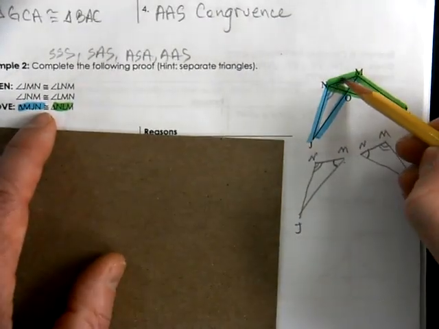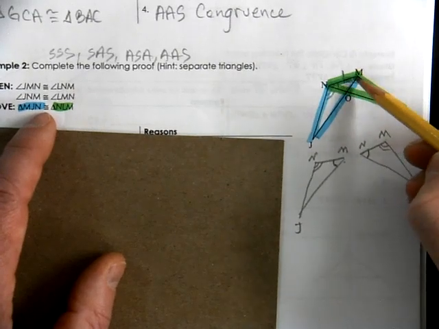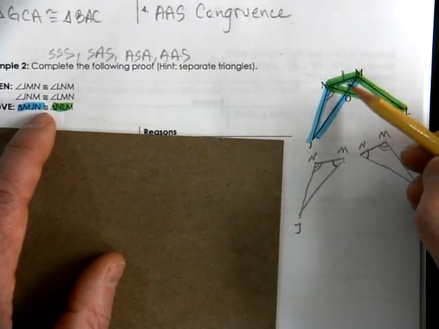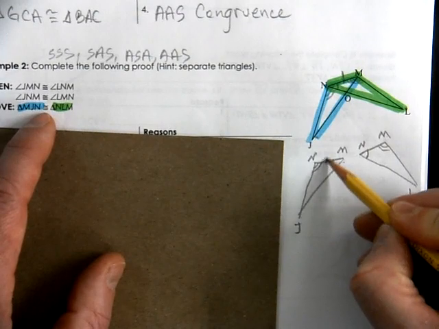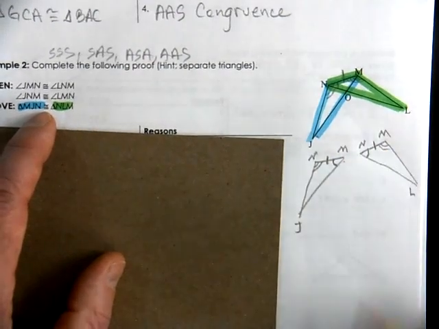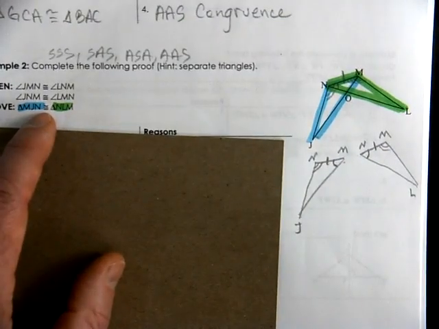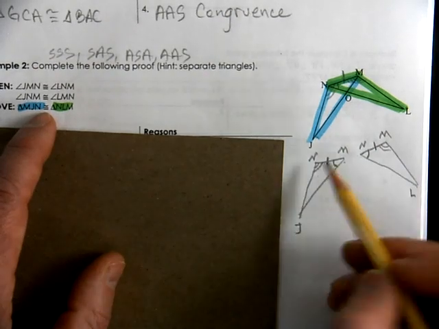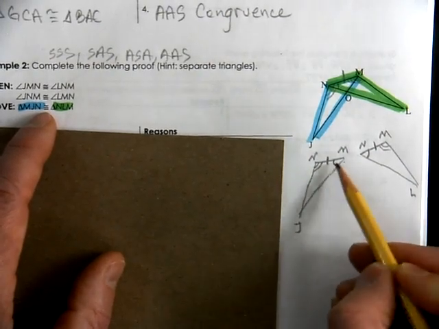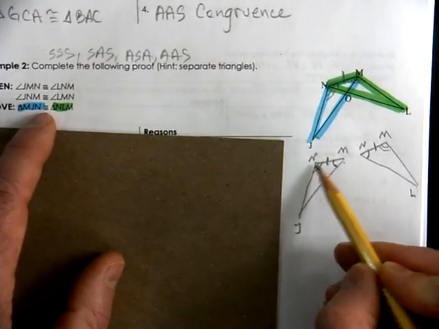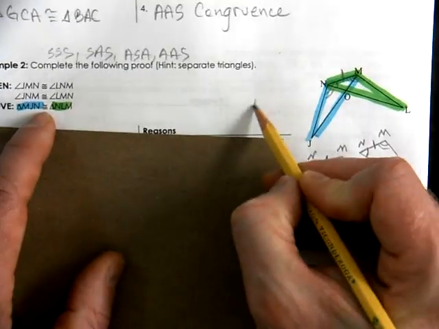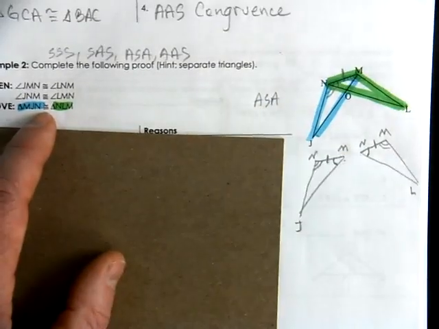The reflexive side, the side where the blue and the green are exactly the same. It would be this one right there. So that shows that we have 2 A's and the side that connects them, the side that's in between the A's. So angle, side, angle.